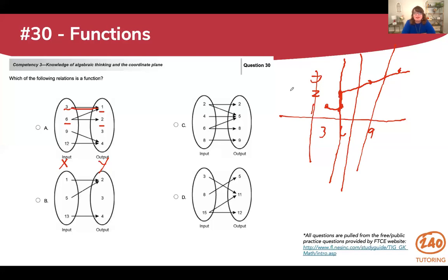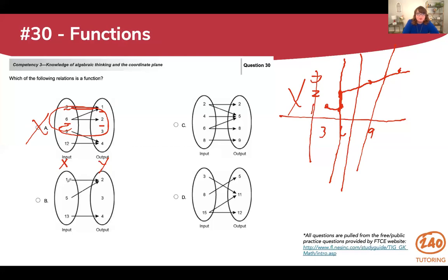So that cannot be a function. It does not pass the vertical line test. So anytime you have one x with two y's, you know you're going to have points stacked on top of each other, and so they're not going to pass the vertical line test. So in this case, the 6 with two y values is what makes A incorrect.